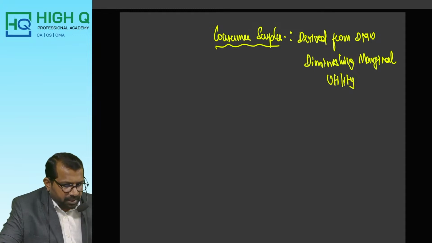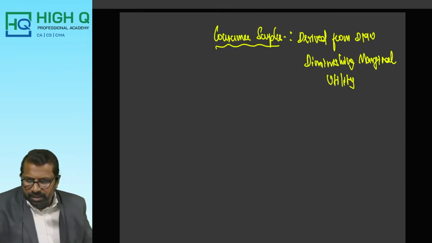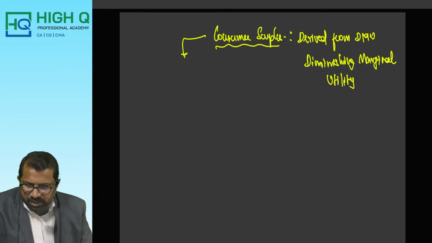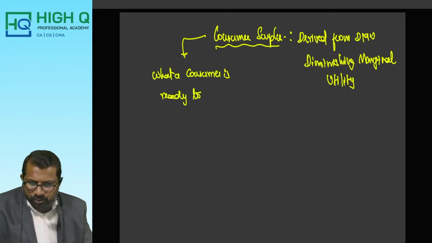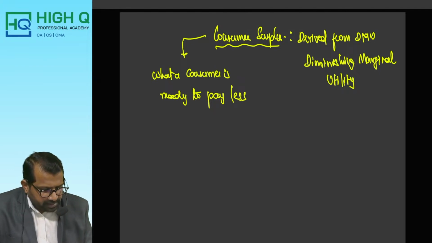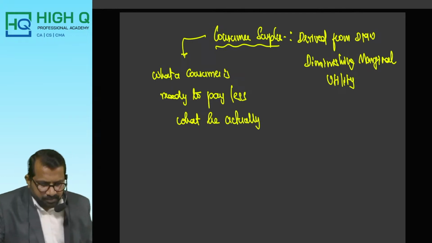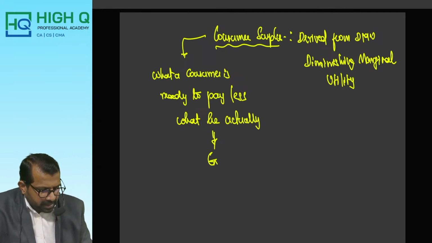So it has been derived from diminishing marginal utility. What is meant by consumer surplus? What a consumer is ready to pay, less what he actually pays, is called extra satisfaction.